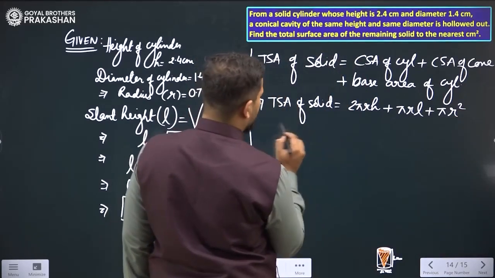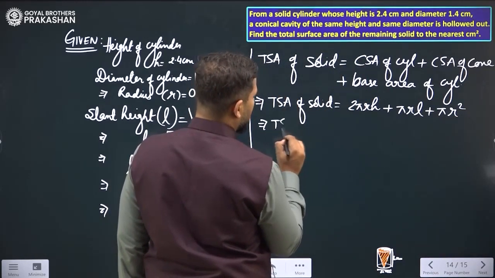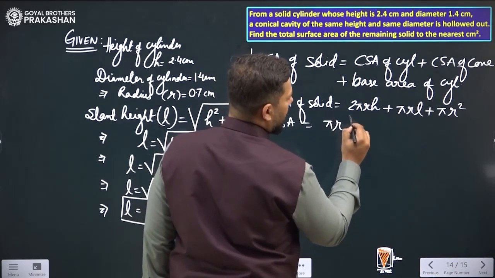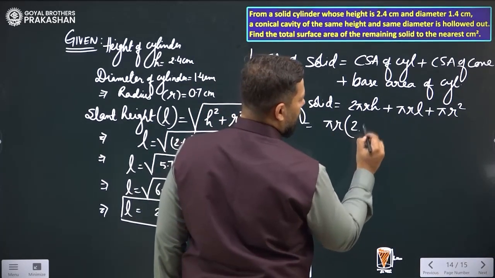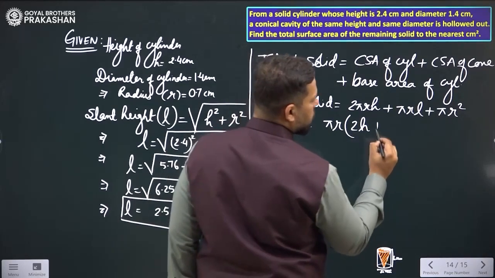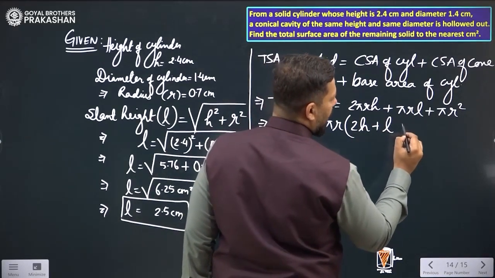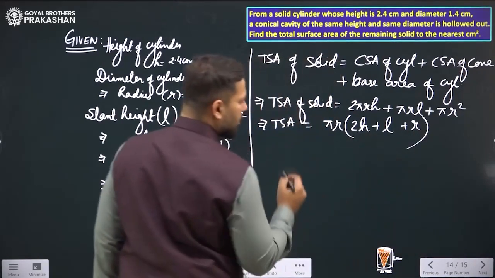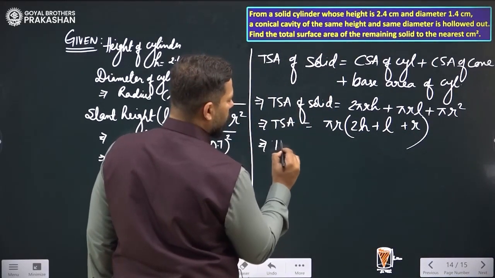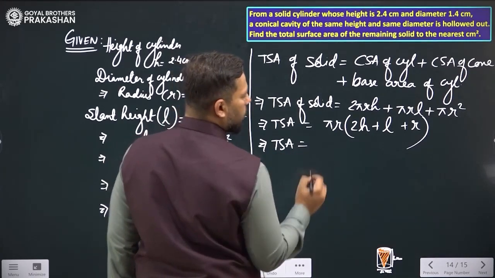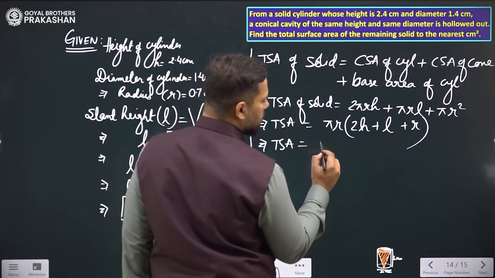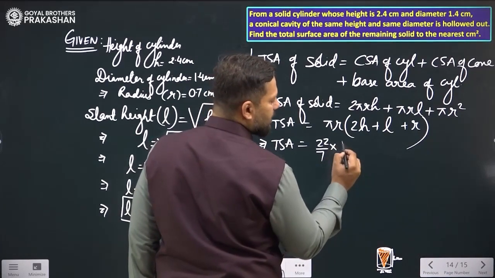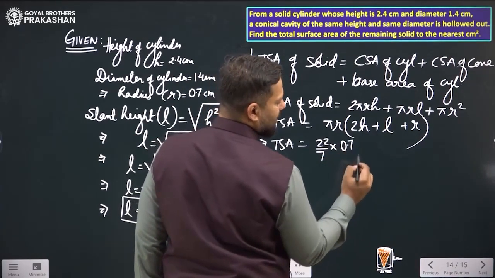If I take out the common terms, I'll get pi and r as common in all the terms. So I am left with pi r times 2h added with l added with r. Right? So let us substitute the values now, as we have reduced the formula to its lowest terms. Pi is going to be 22 by 7. Radius given to us is 0.7.